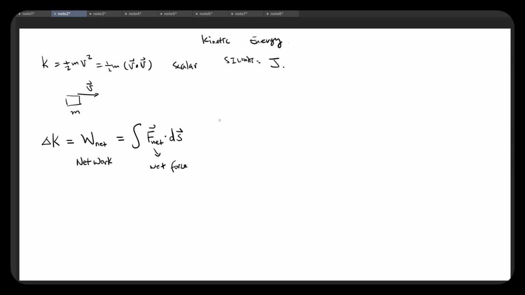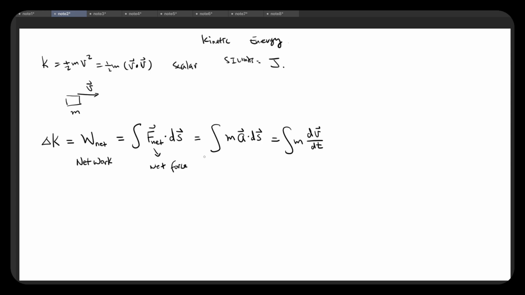Okay, so now let's see. The net force equals ma. So we can continue with this equation here: equals ma dot ds. Now let's also rewrite this a as dv dt.